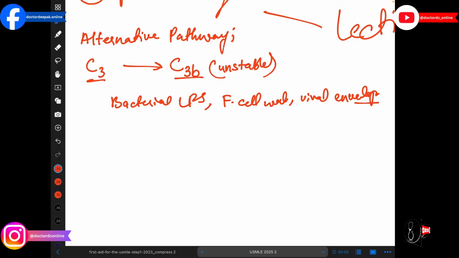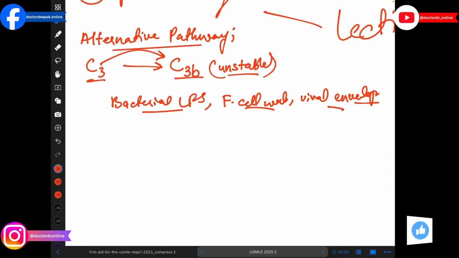Again, I am repeating: C3 is converting into C3b spontaneously in the alternative pathway. And it is unstable. If it is unstable, it will be destroyed rapidly. But for stabilization, it has to bind with components on the pathogen surface like bacterial lipopolysaccharides, fungal cell walls, or viral envelopes.